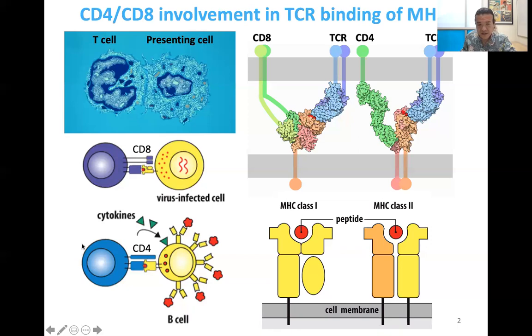As a result, this helper T cell releases these green triangles, which are different cytokine messages that encourage this B cell to fully activate. This B cell might divide more, and some of them may even become plasma cells to go ahead and release this IgM in the form of antibodies.